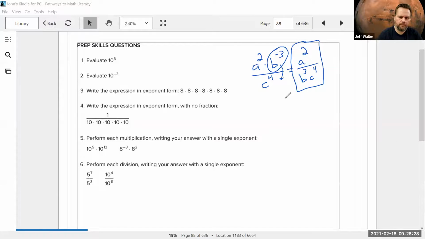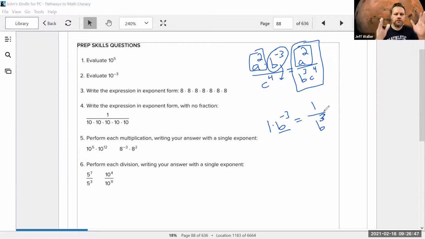So what I'm trying to say is, I can see this A squared, so of course it's here, right? But if I just had B to the -3, and then somebody says, why did you put a 1 there? Because there's an understood 1 here that doesn't show up until the thing it's in front of goes away. Then the 1 shows up, right? Just like those 2 A's were there. Where'd they come from? Well, I can see those. Where'd that 1 come from? It's that hidden 1 that's always kind of there.